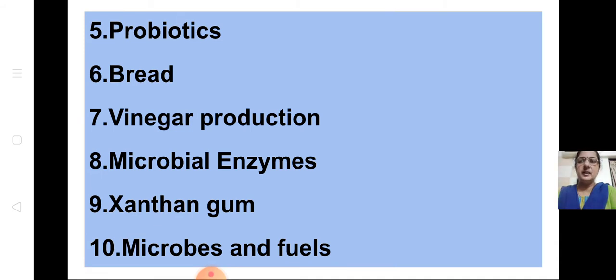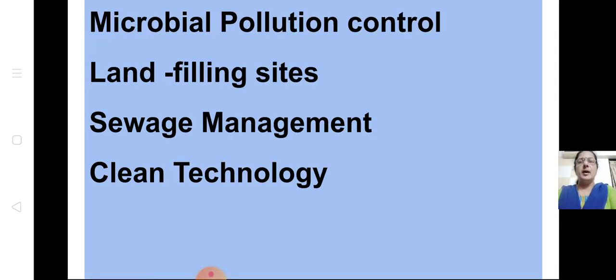We learned about the production of bread, and why it is soft and fluffy. And we learned about vinegar production. We learned about microbial enzymes, xanthan gum, and microbes and fuels. We learned where and how microbes are used in fuels, and we learned about microbial pollution control. Under that, we learned about landfilling site as well as sewage management.